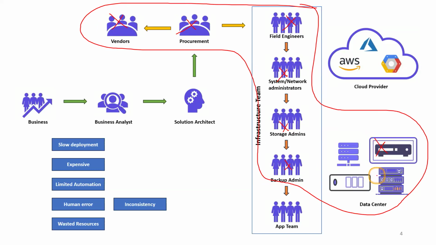So the moment the cloud providers came into the picture, they said that we provide you the cloud computing services, and in return, you follow the pay-as-you-go model. How many resources you are using, you pay for that. So the companies started recruiting infrastructure engineers or DevOps engineers. As per the solution architect, they started creating the infrastructure directly in the cloud.